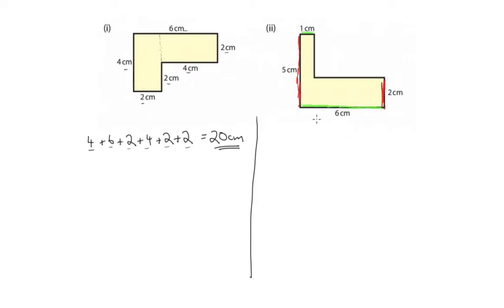So we don't know the length of this line. And we also don't know the length of this line. But can we figure it out? And I think it was Barack Obama who said, yes, we can. All right.